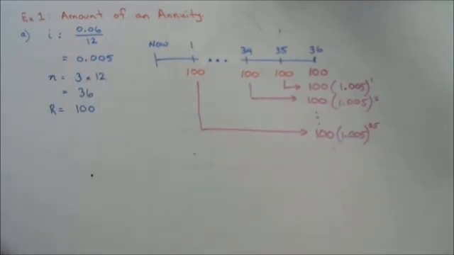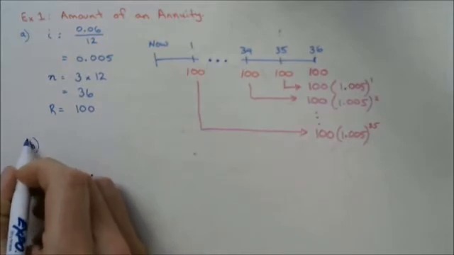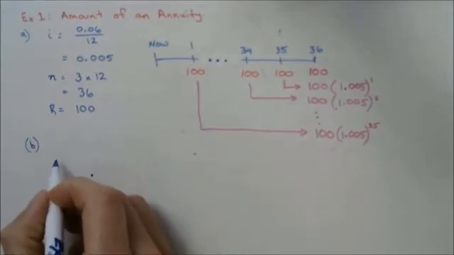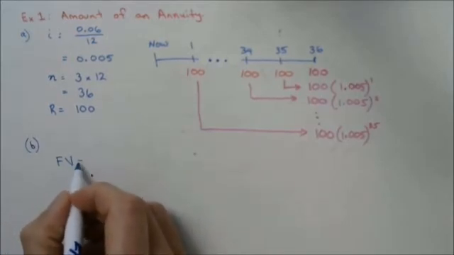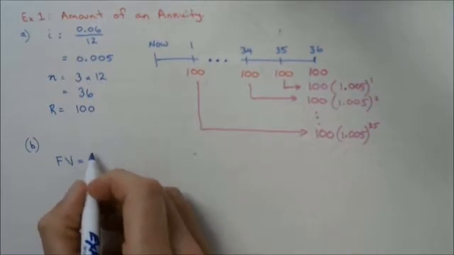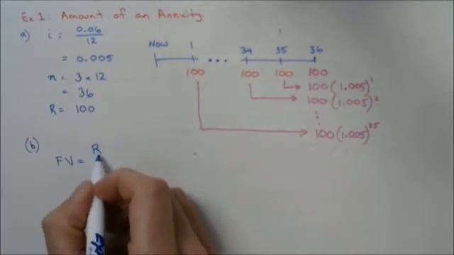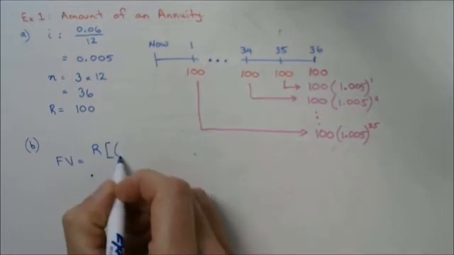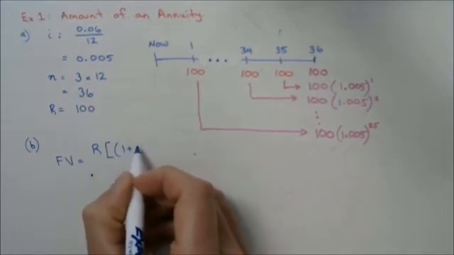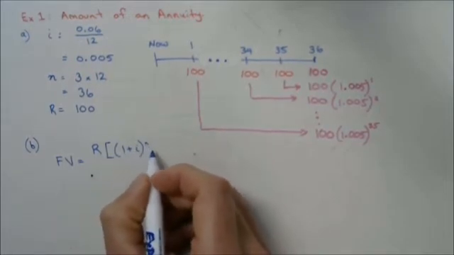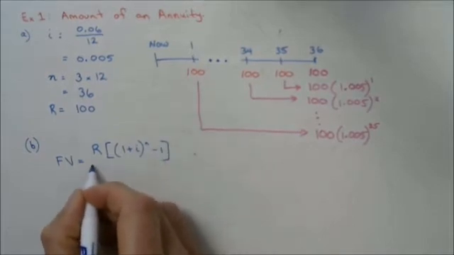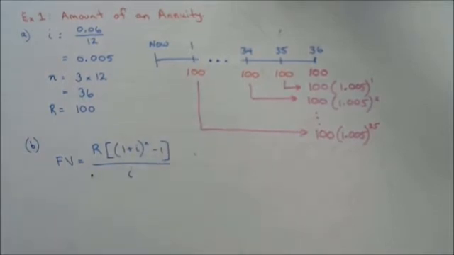Now we're going to determine the amount in the account after 3 years. And we're just going to, for B, use our future value formula, which says R square bracket, round bracket, 1 plus I to the power of n minus 1 square bracket all over I. Yes, you should be memorizing that formula. Okay, let's sub in what we know.